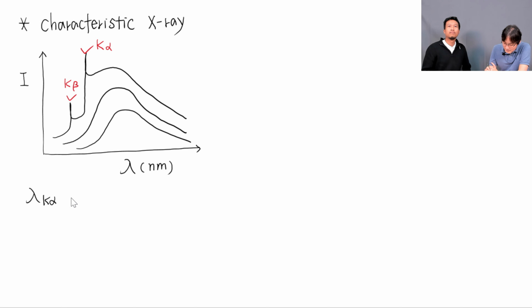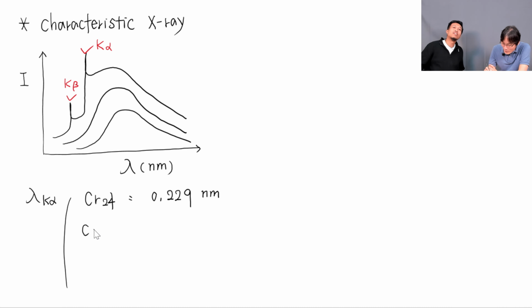First one, chrome. Atomic number is 24. And then the wavelength should be, I cannot remember, it's very difficult. 229 nanometers.